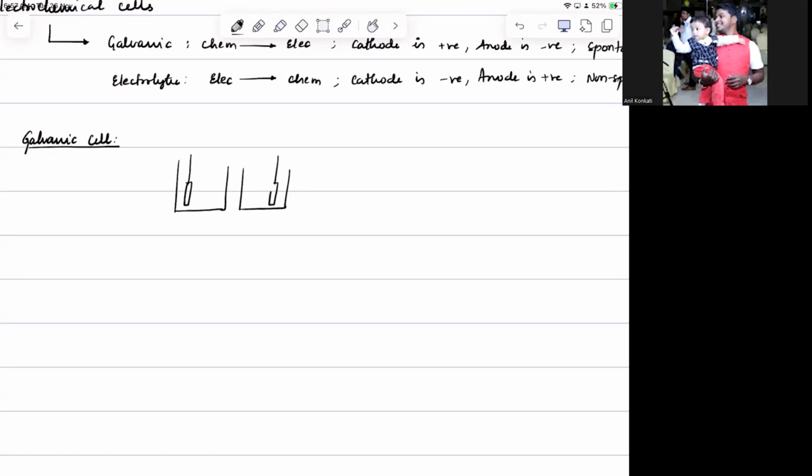Left side we have anode, right side we have cathode, and both of them are connected by a salt bridge. And outside they are connected to a voltmeter and switch, and through wires they are connected to the electrodes.